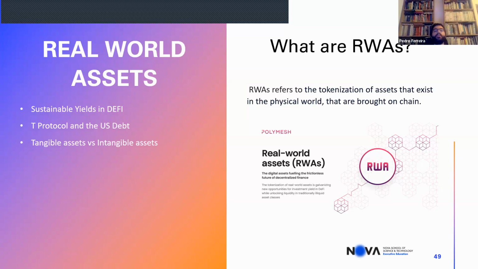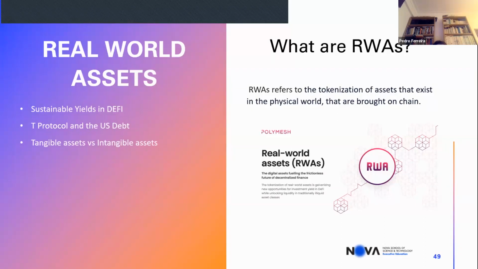Real-world assets. What are real-world assets? Real-world assets are assets that exist in the physical world that are brought on-chain. Imagine that you have a very valuable wine, or a very valuable artwork, and you want to use that value in the crypto markets in order to increase your portfolio. Imagine that your artwork was worth $1 million.